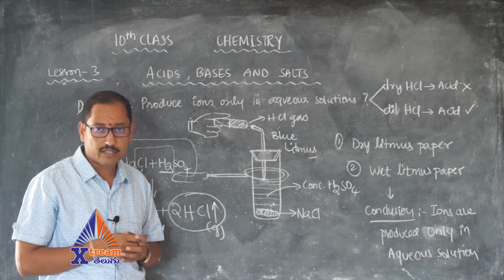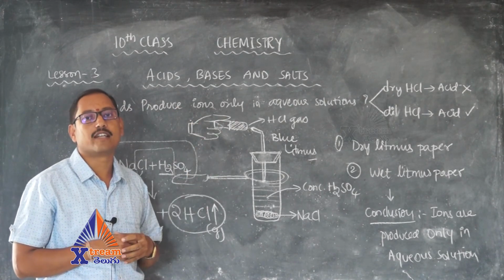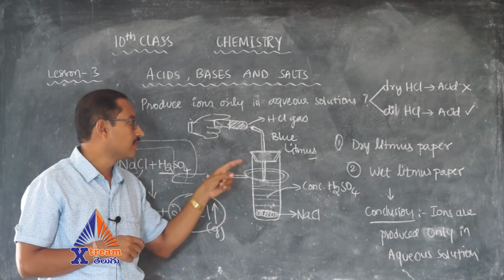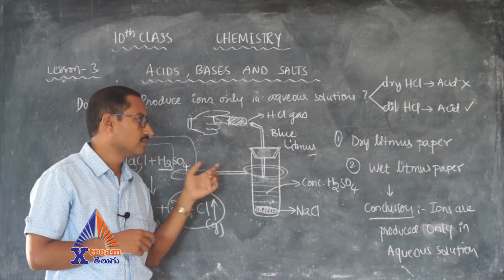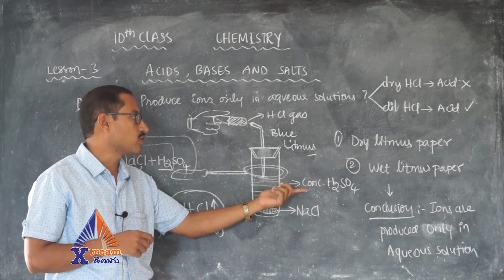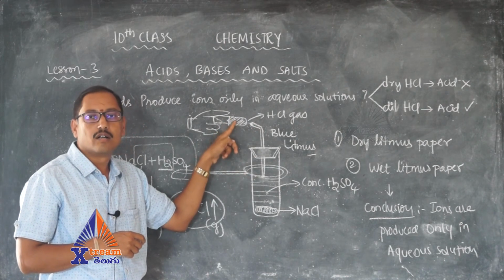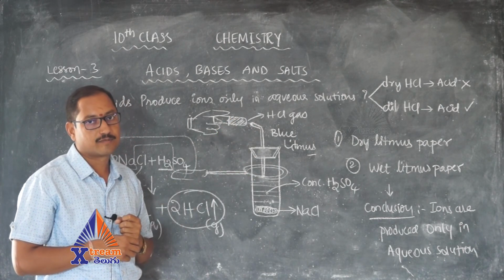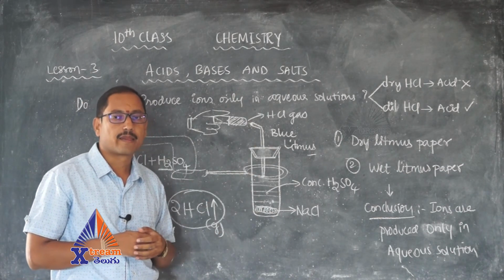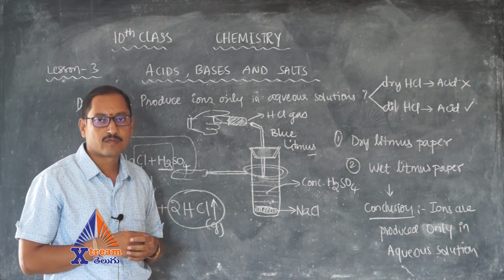Aim of the experiment is to prove that ions are produced only in aqueous solutions. Apparatus: test tube, gloves, holder, NaCl, H2SO4, rubber cork, delivery tube, litmus paper, etc. Procedure: take a test tube, add some NaCl and pour H2SO4.